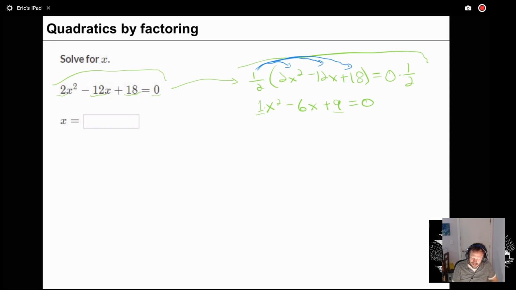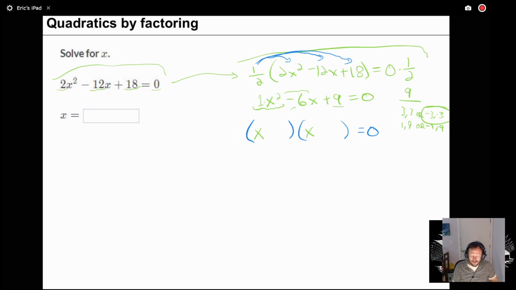The leading coefficient is 1, which means I can use the more straightforward factoring technique. Just look for factors of 9 that add up to -6. Factors of 9: 3 and 3, or -3 and -3, or 1 and 9, or -1 and -9. And -3 and -3 is the pair that sums to -6. So I just write down the kind of structure that I'm going for, where I know that the first two terms are both x.